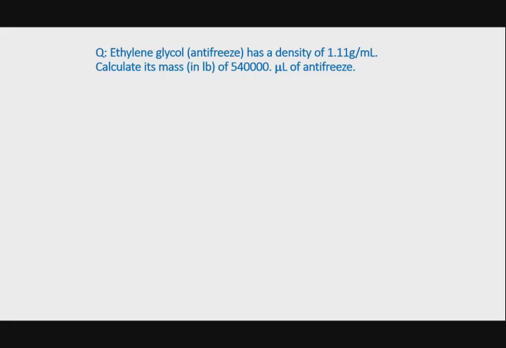Ethylene glycol antifreeze has a density, so we know the density of the substance to be 1.11 grams per ml. We need to calculate its mass in pounds if the volume of the substance is given as 540,000 microliters. Please remember that prefix is a metric prefix called micro.